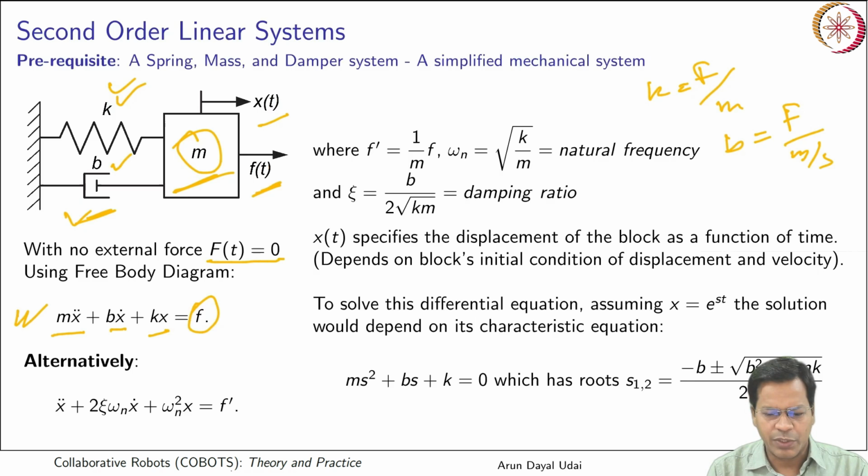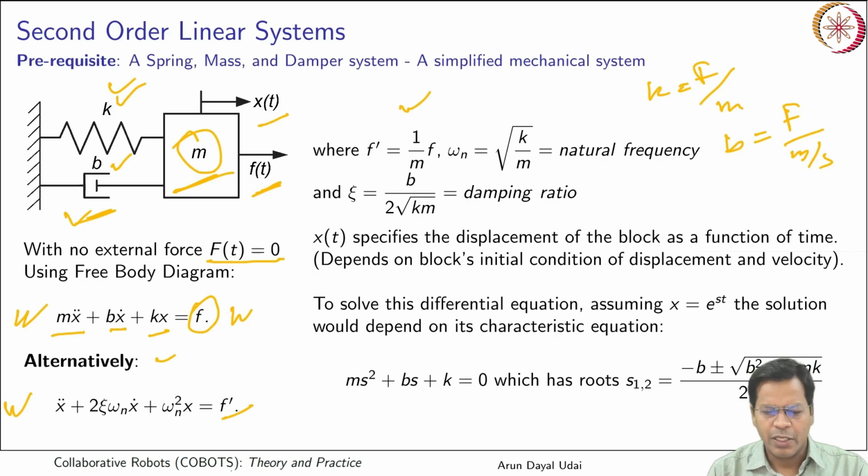This is nothing but a differential equation of second order. Alternatively, the same can be written as x double dot plus 2 xi omega n x dot plus omega n square x is equal to f dash. I have divided the whole equation by m, so f dash is nothing but f divided by m, and it is proportional to f.